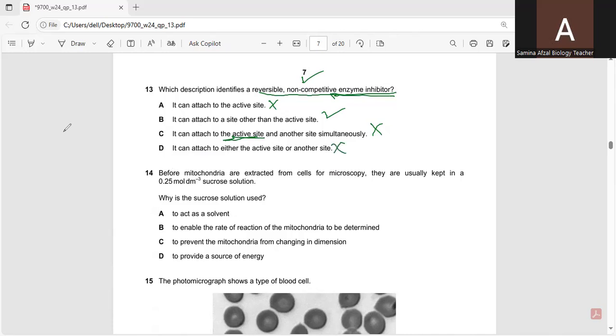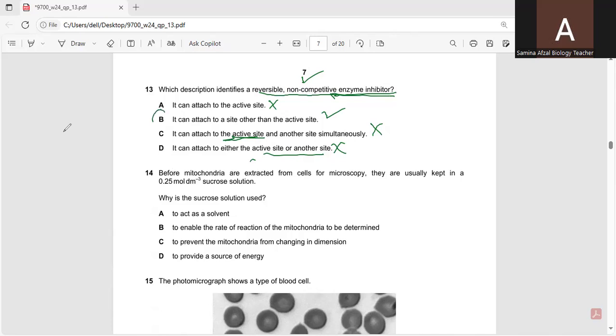No, this is not its property. It does not have any option like that. So this is too broad and does not specifically define a non-competitive inhibitor.